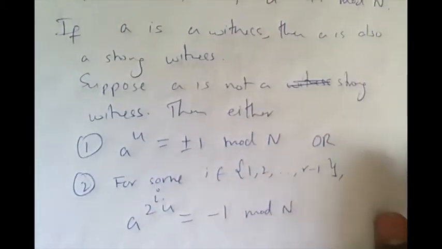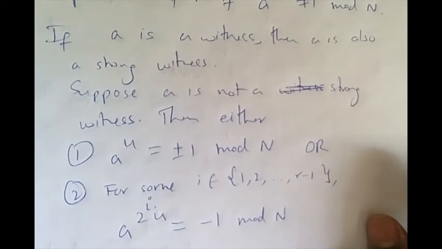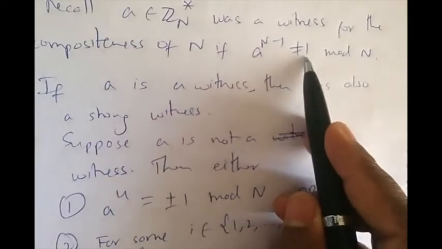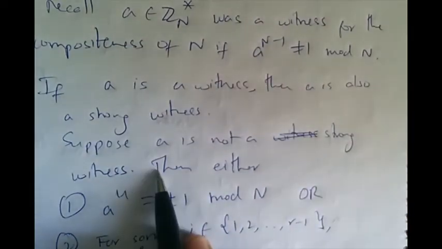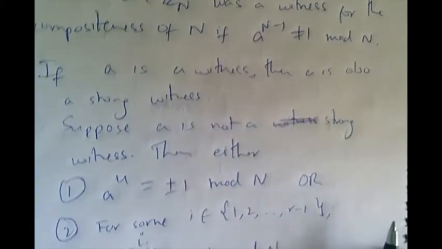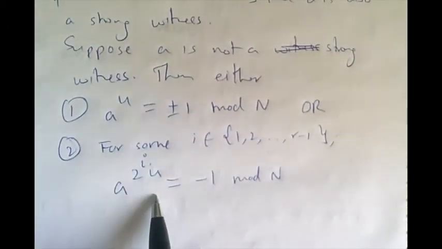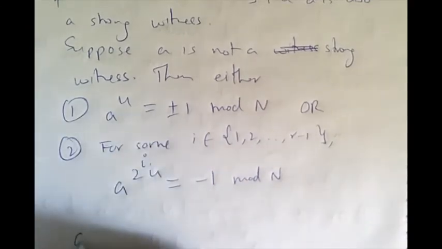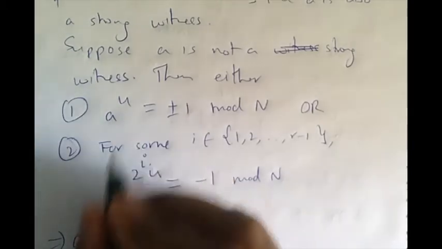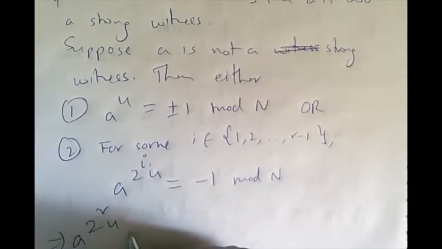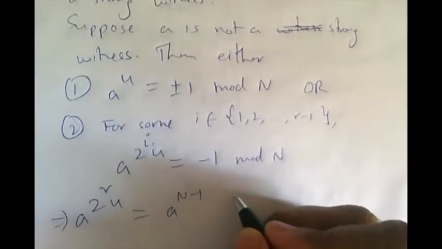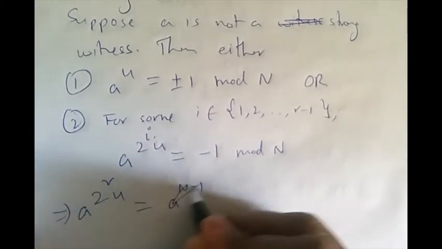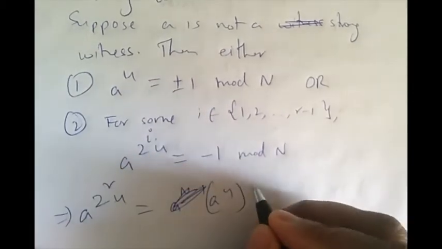Okay, so what are we trying to do here? We are trying to argue that if a is a witness, then a is also a strong witness. And what is the definition of witness? a raised to n minus 1 is not equal to 1 mod n. Now we're trying to argue by contradiction. So if a is not a strong witness, then this is true or this is true. If this is true, then a raised to 2 raised to r u, which is a raised to n minus 1, is a raised to u whole raised to 2 power r.